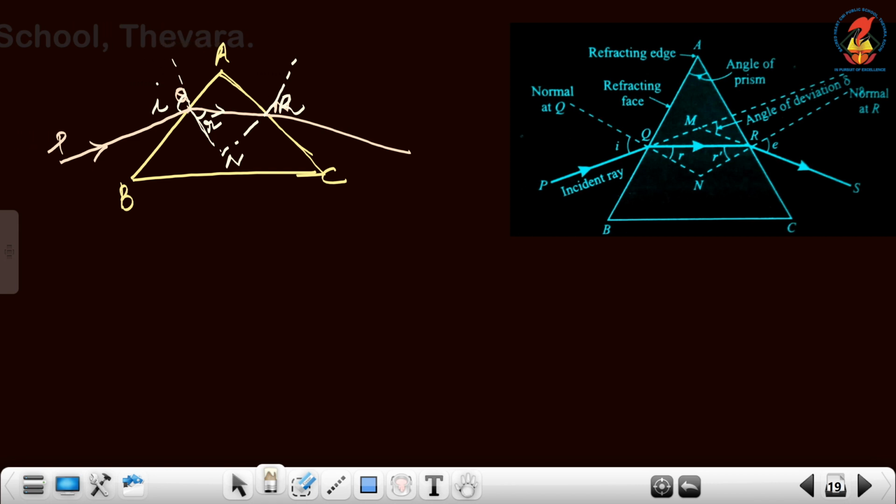Now on this face, the angle between the ray inside the prism and the normal is taken as r dash, and the angle between the emergent ray and the normal is taken as e, angle of emergence e. So we have angle of incidence i, refraction r. Again the angle of incidence for this face is r dash and the angle of emergence is e.